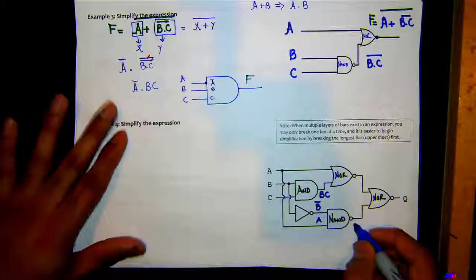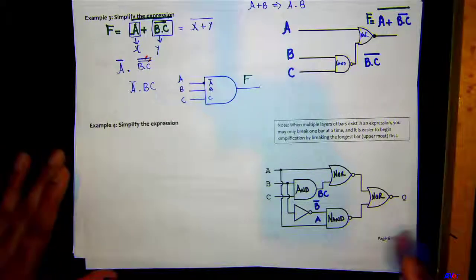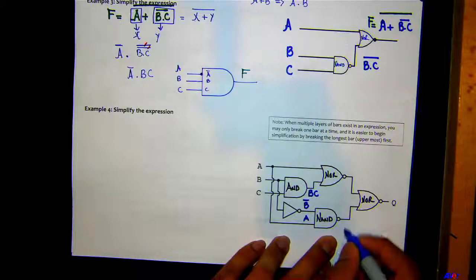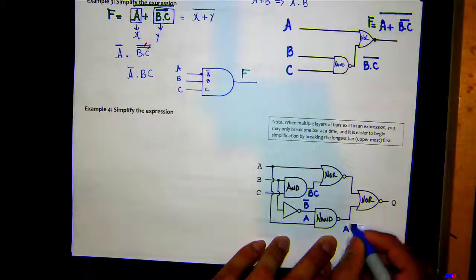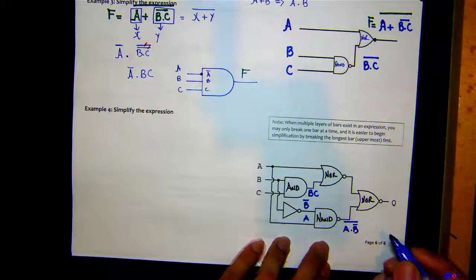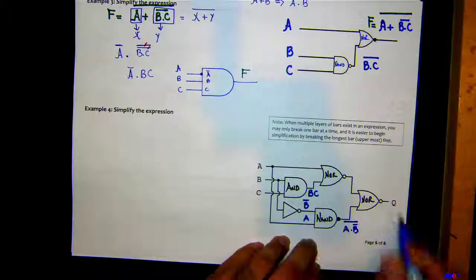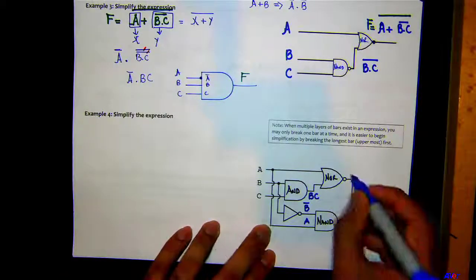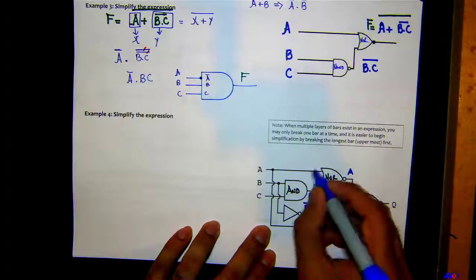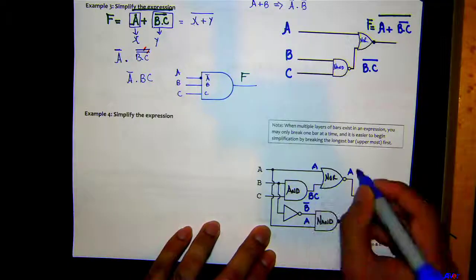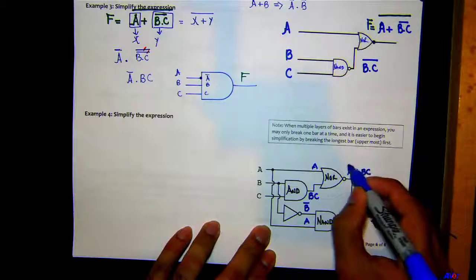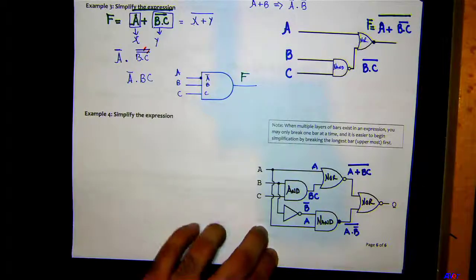So what is going to be the expression at the output of this NAND gate right here? Come on. A dot B bar and then bar on the whole thing, correct? Because we got a bubble here. What about the output at the NOR gate? You got A, this is A, plus BC, and then output bar on the whole thing.